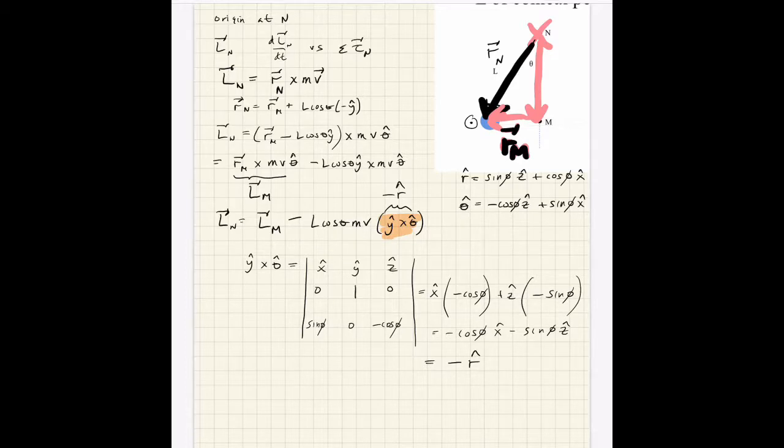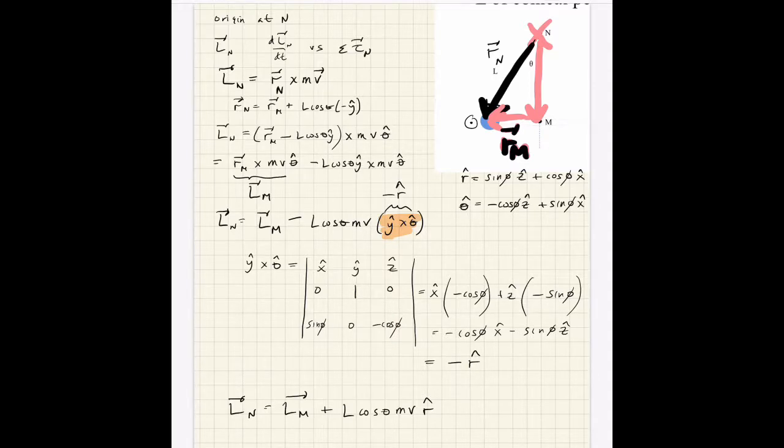And so the full angular momentum vector with the origin at point M will just be the angular momentum vector at M plus L cosine theta M times V in the positive radial direction after those minus signs cancel out.